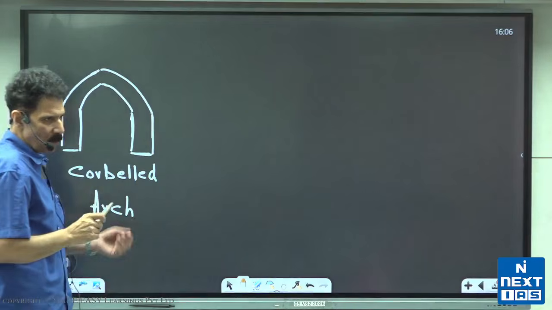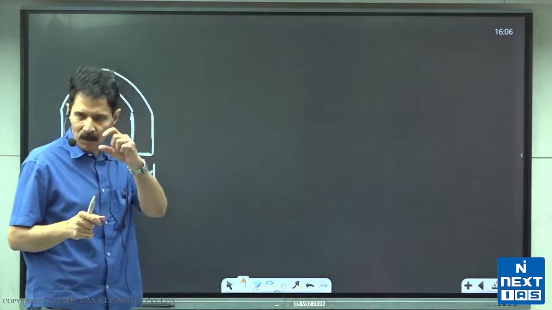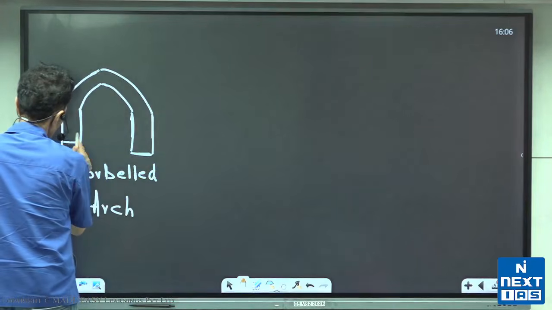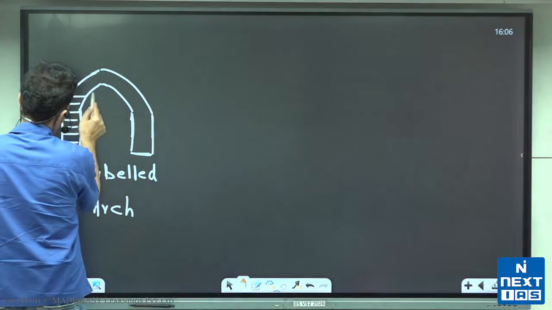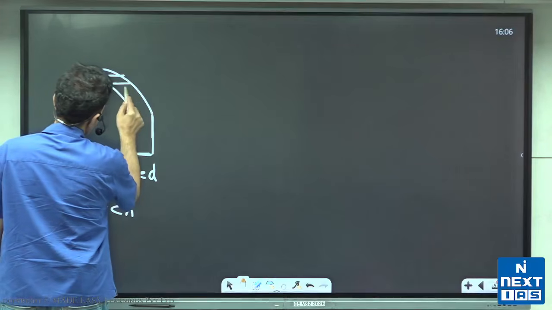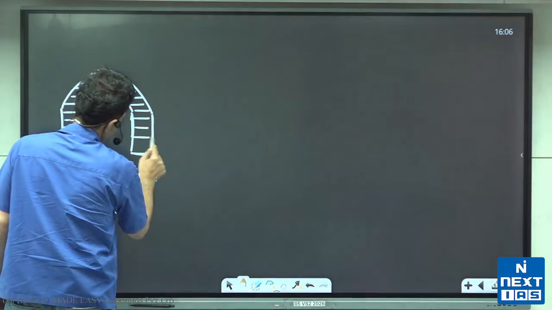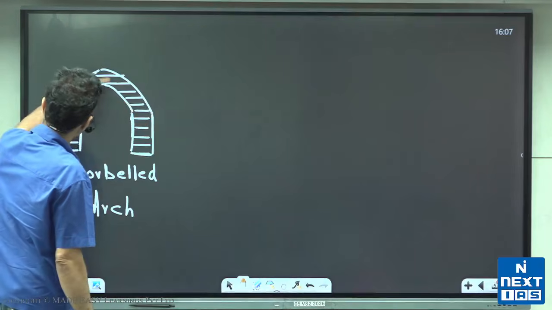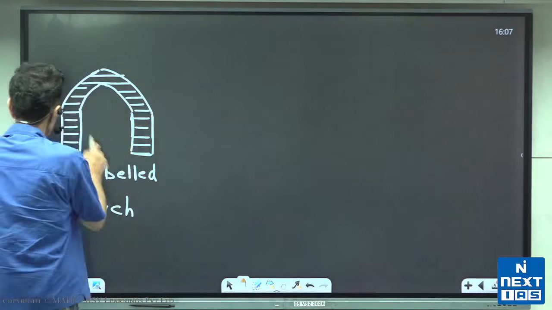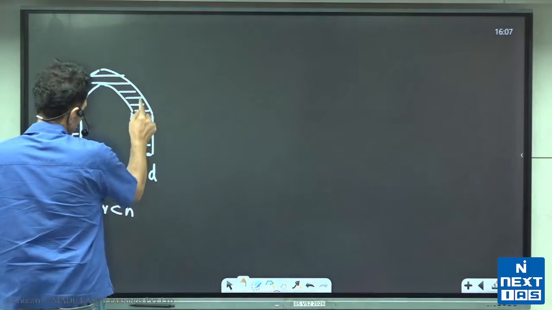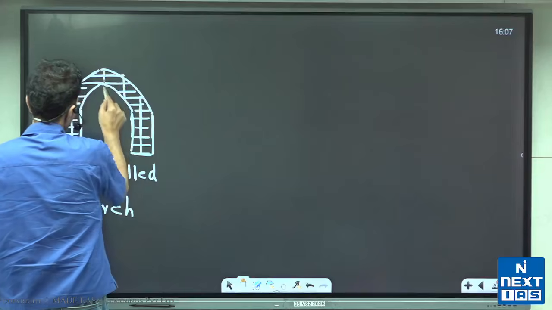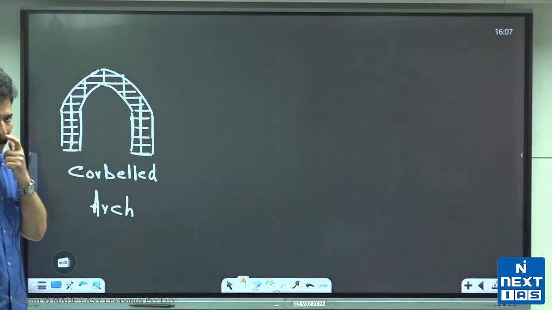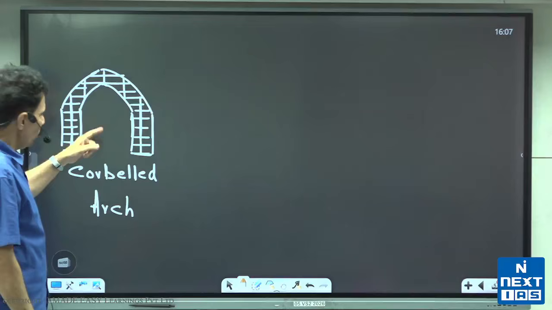So what I've said is, corbelling is a technique of placing stone pieces or brick pieces in horizontal courses. You can make it smaller also, suppose. This way it becomes smaller. But in any case, they're all put in horizontal courses. Such an arch is known as a corbelled arch.